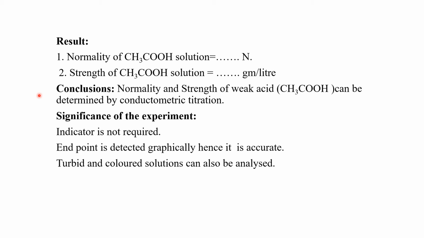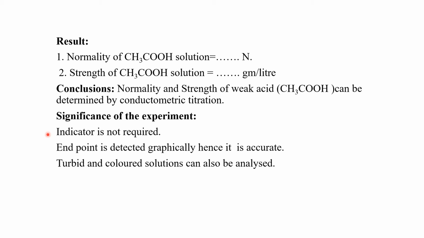Then we will see the conclusion of this experiment. We can determine the normality and strength of acetic acid by this conductometric titration accurately. Then we will see the significance of the experiment. We do not require an indicator for these conductometric titrations.